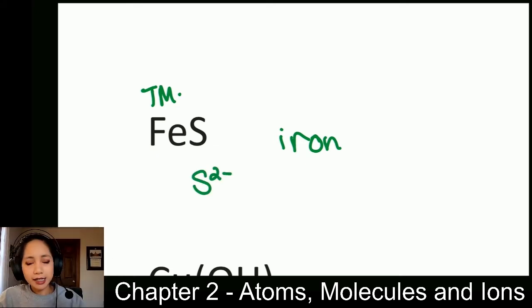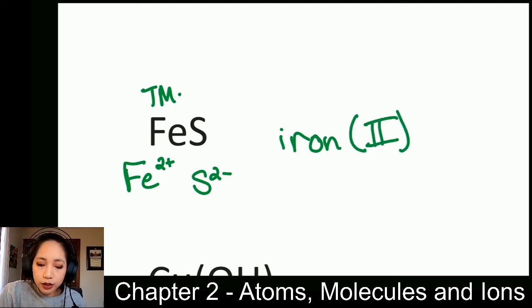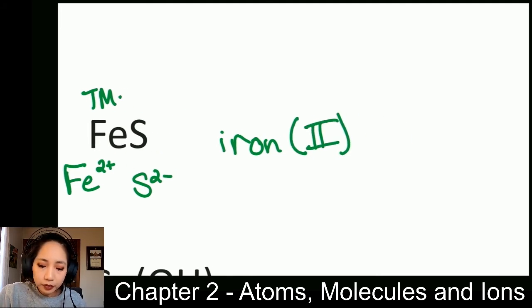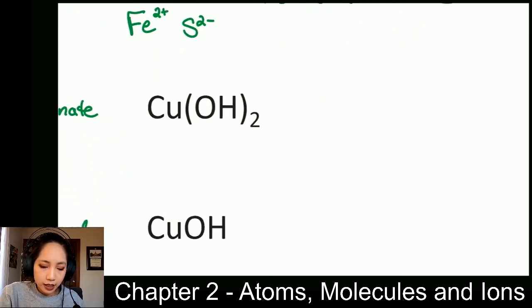So typically as an anion, sulfur is 2-. Since there's only one sulfur, in order for this to be neutral, iron must be iron 2+. So when we name this, it is iron 2, then name the anion with the appropriate ending, so it's just sulfide. Iron 2 sulfide.